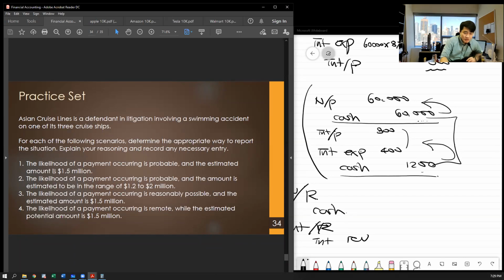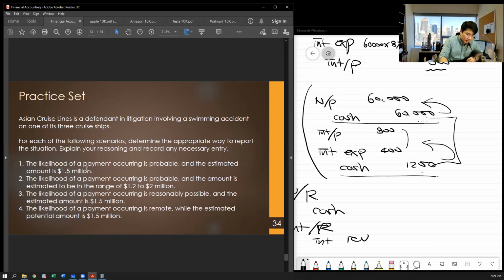Okay. So if the likelihood of a payment is probable, that means the company will at least disclose the information in the financial statement. The question of whether the dollar amount will be reported in the balance sheet or not depends on the estimates. So the company estimates amounts of 1.5 million.